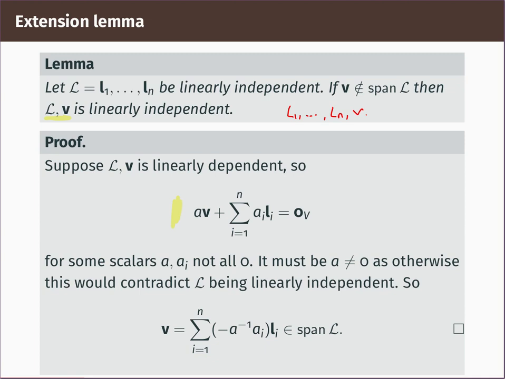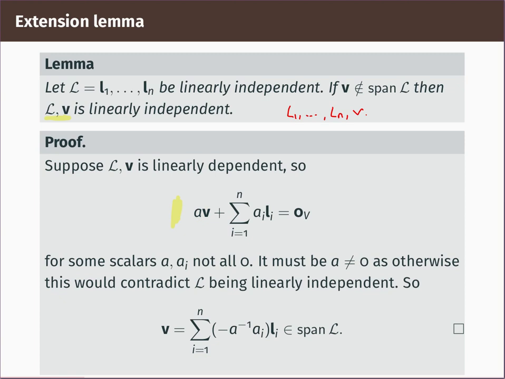Now it can't be that the scalar a was zero. If the scalar a was zero, then you could get rid of this bit from the linear dependence, and what you would have is a linear dependence on L1 up to Ln. Such a thing can't be because L1 up to Ln are assumed to be linearly independent. So it must be that the scalar a was non-zero.